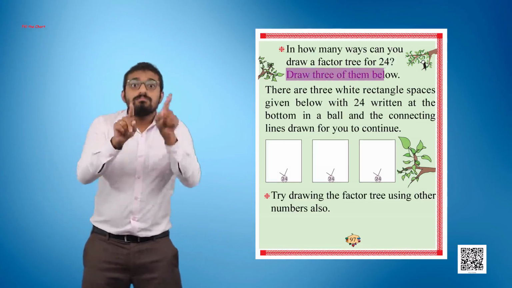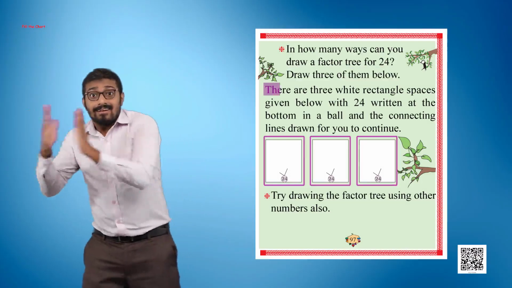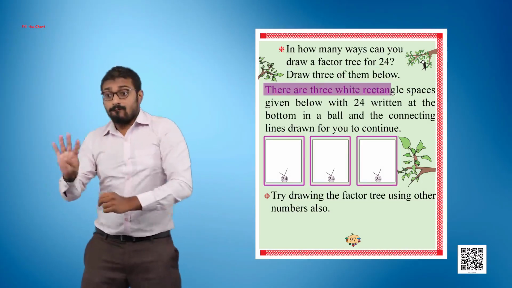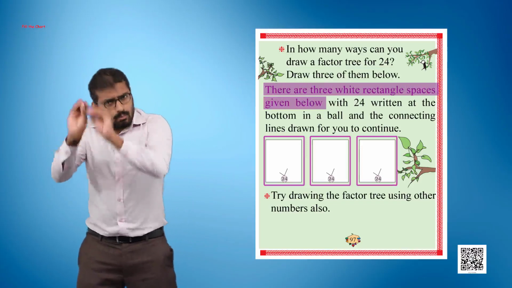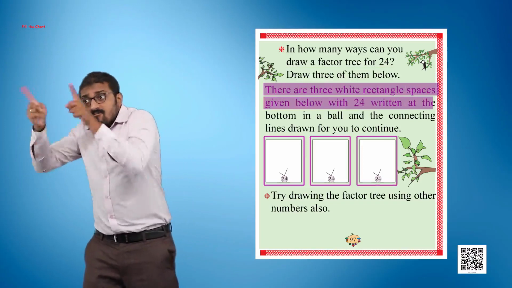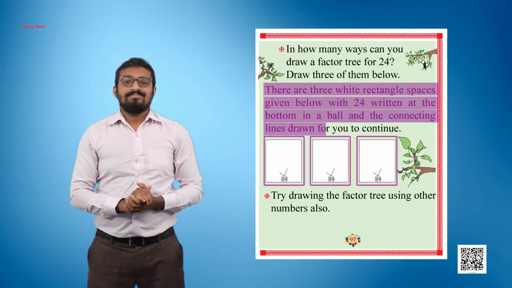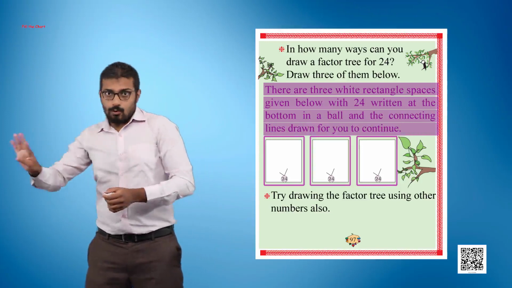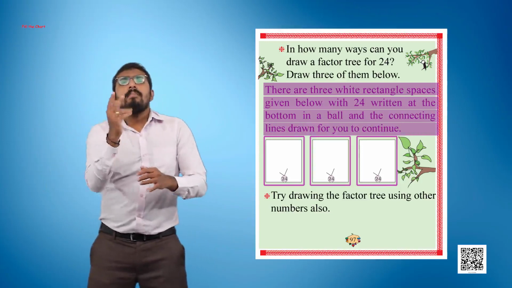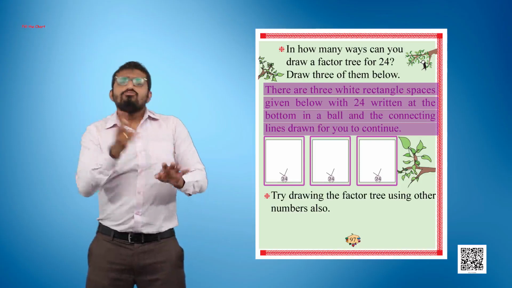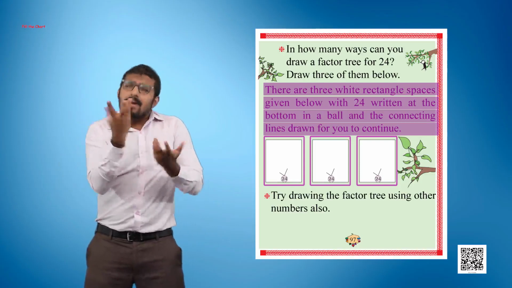Draw 3 of them below. There are 3 white rectangle spaces given below with 24 written at the bottom in a ball and the connecting lines drawn for you to continue. Try drawing the factor tree using other numbers also.